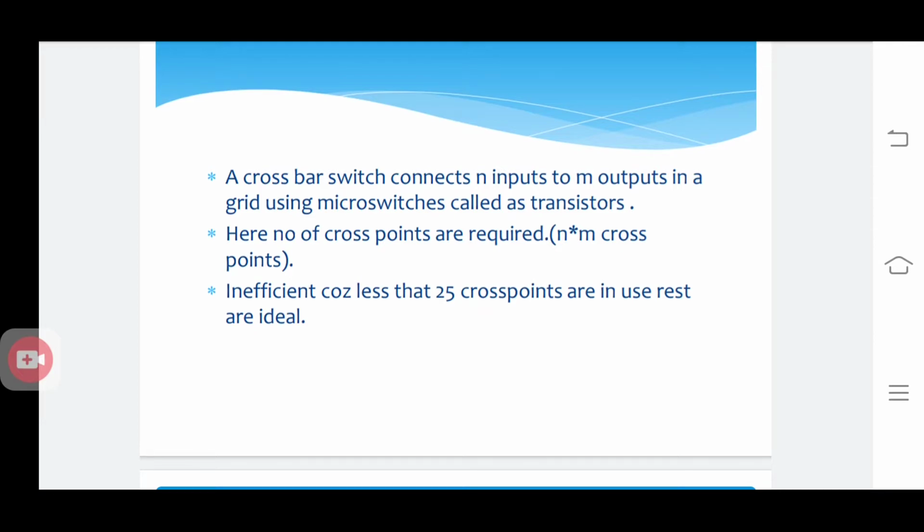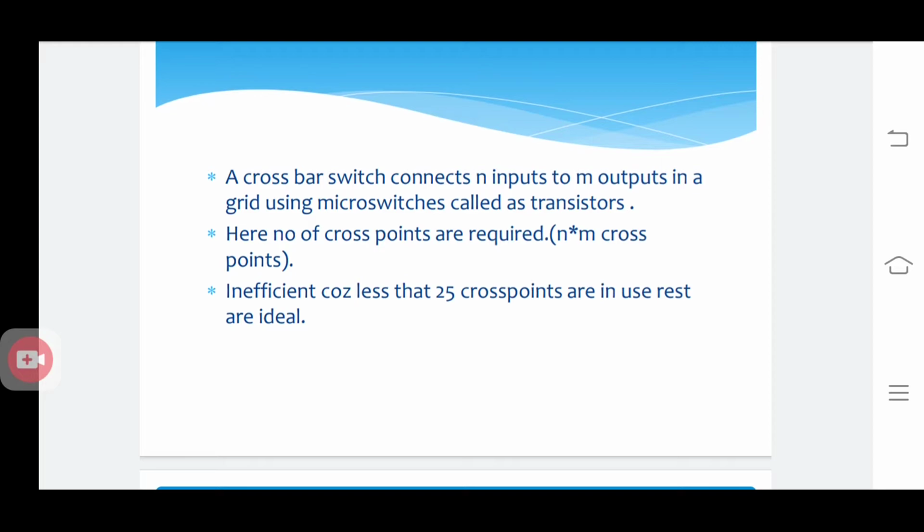A large number of cross points are required, so it is inefficient: at a time less than 25 cross points are in use and the rest are idle. So its main disadvantage is inefficiency due to the large number of cross points.